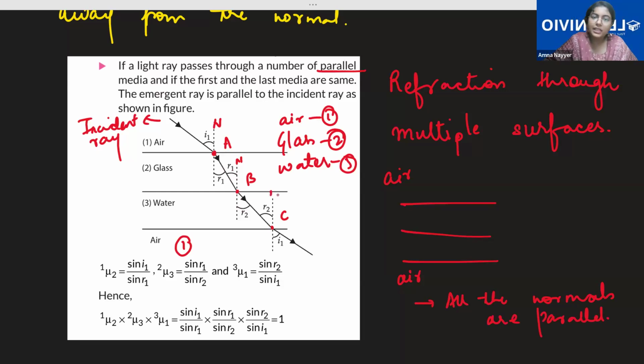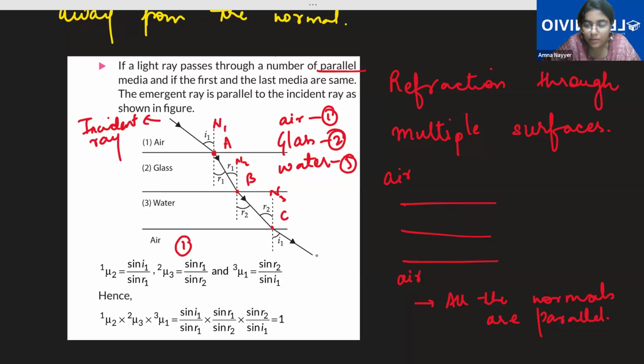Similarly, these normals, let's say N1, N2 and N3, are all exactly parallel to each other. So N3 is parallel to N2. The light ray gets refracted again, and these two R2 angles become the alternate angles. So this angle of refraction now becomes the angle of incidence for this interface. And finally, it emerges out. Now remember one thing.